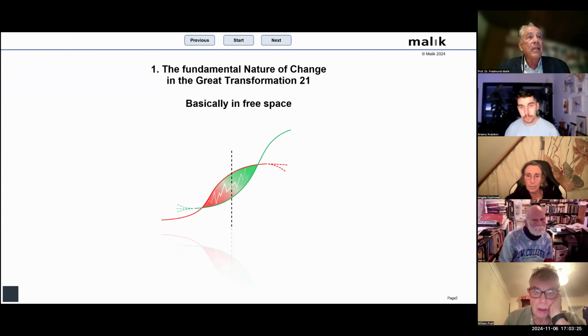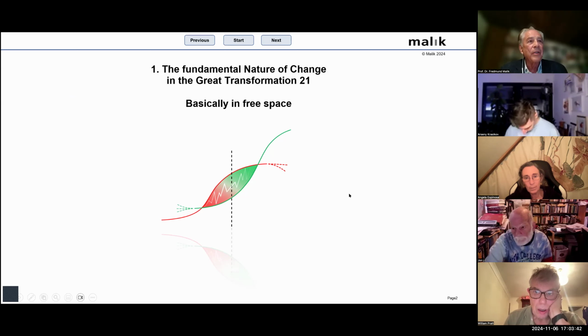This is what I call this picture, an easy picture, but an important one, in free space. And then you see a red S-curve. S-curves are important. Then the green S-curves and the vertical line.